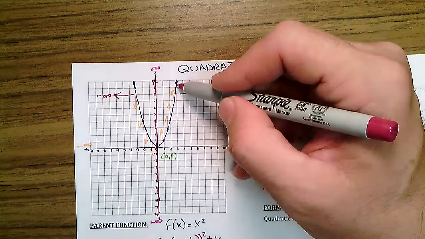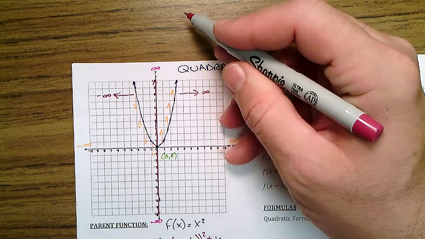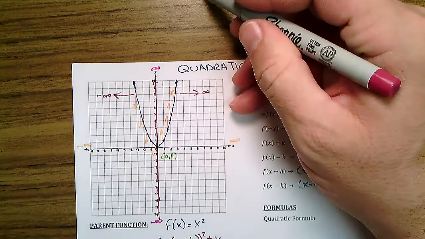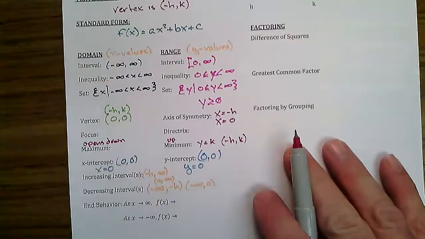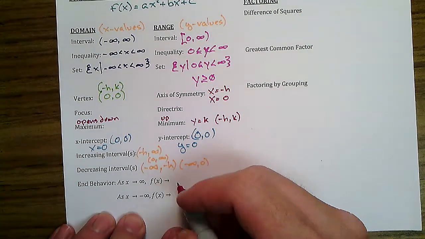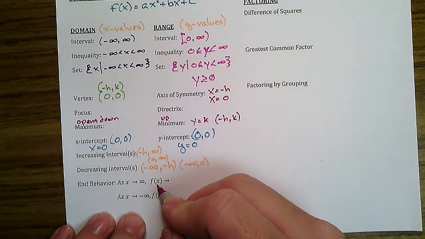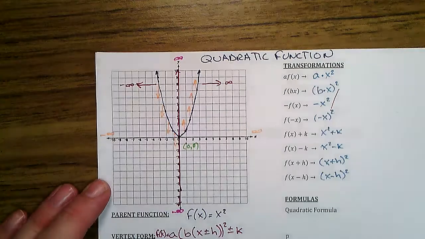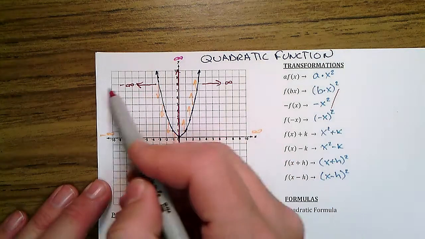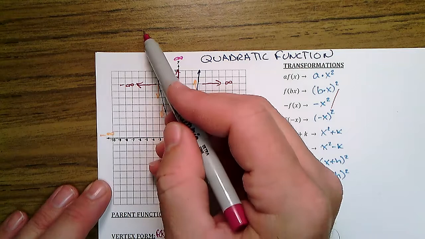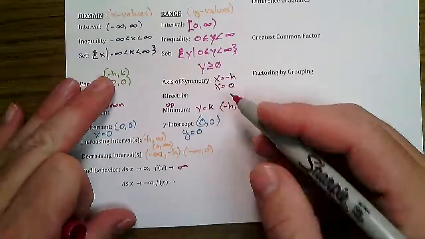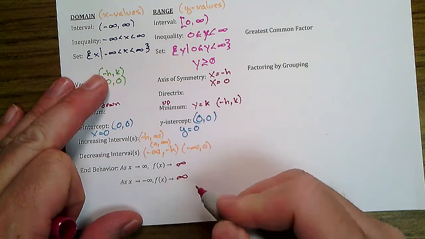And since this opens up, there's no limit to our y values. So as x goes towards infinity, our y's are going to keep going up. So we're simply going to say end behavior: as x goes to infinity, f of x goes to infinity. And then as we go to negative infinity, our y values are going up and continue to go up forever as well. So it too is going to go to infinity.